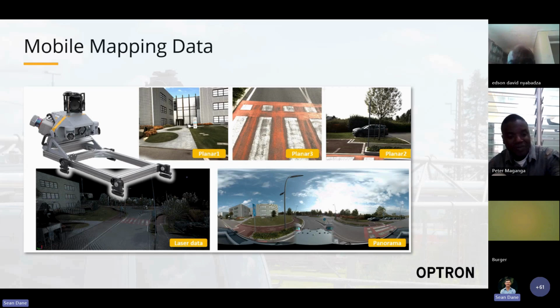So this is an example from an MX90. With some additional cameras on the MX90 as opposed to the MX50, you get different planar images. So you can actually focus your data down on the pavement if you're doing crack detection or something like that. And then you have slightly higher resolution cameras looking off to the right and left-hand side in the forward direction. Bottom left corner, some of the laser data, so you can see the density.